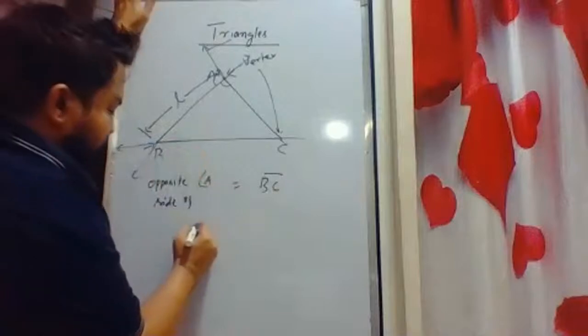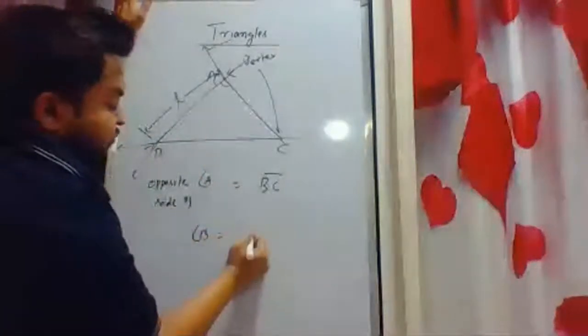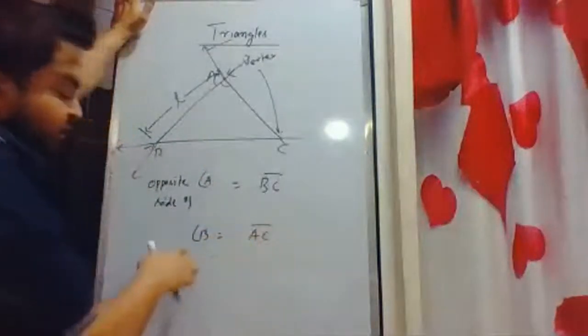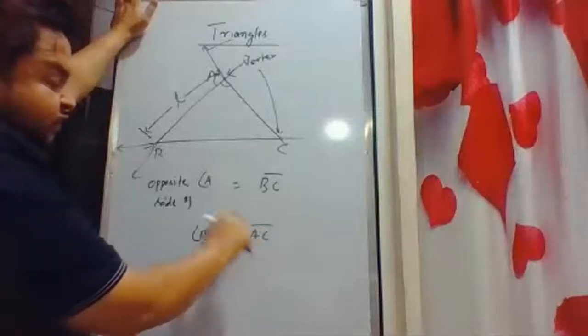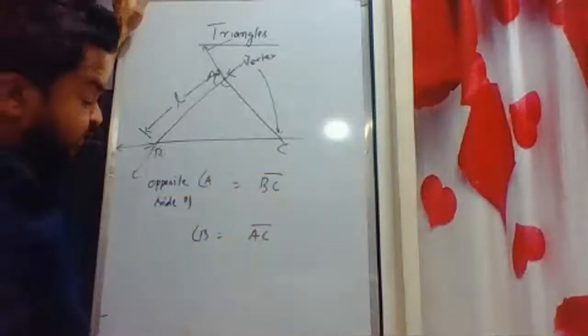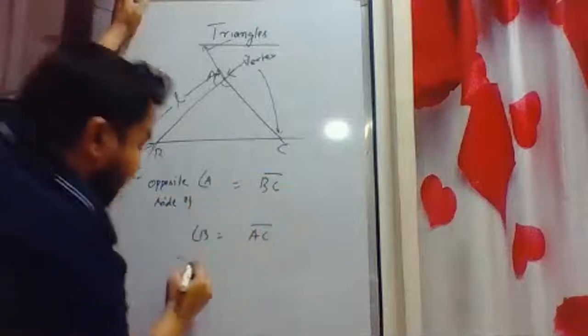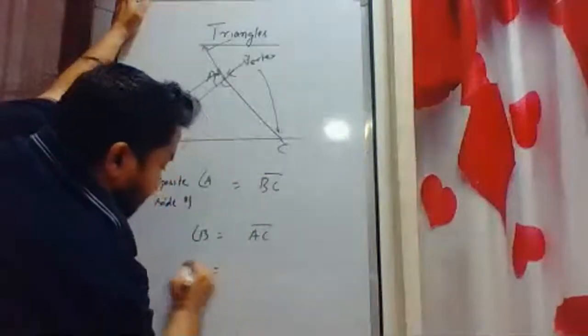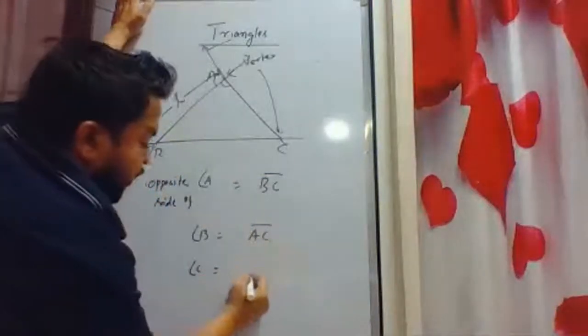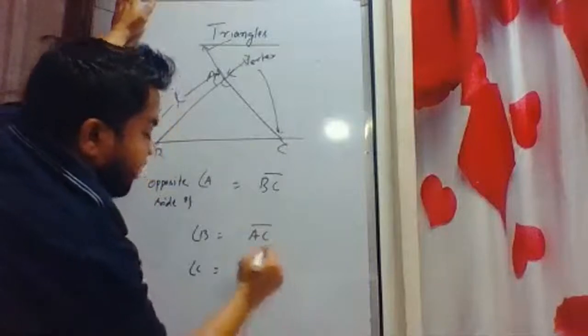Similarly, the opposite side of angle B would always be AC bar. So leave this vertex, write the other two vertices, give a bar sign. That is how it would always be. Angle C, the opposite side of angle C would always be AB bar.